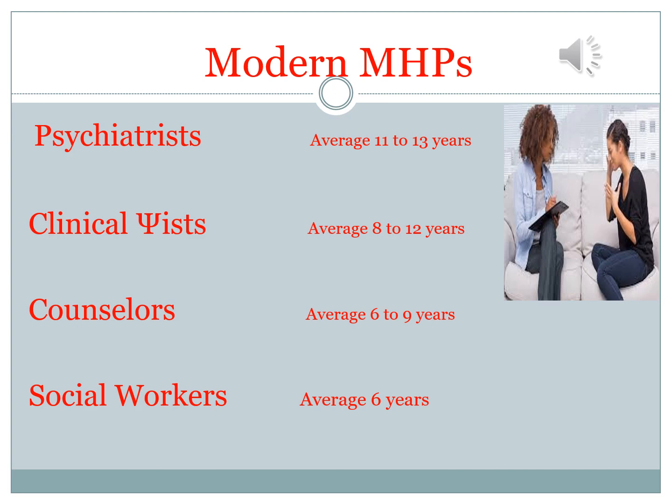In chapter 1 of your textbook, your 2 authors, Ronald and Jonathan Comer, introduce you to the major modern mental health professionals. We have the psychiatrists who are medical doctors and have an MD. They went to medical school, and after the 4 years of medical school, specialized in psychiatry.